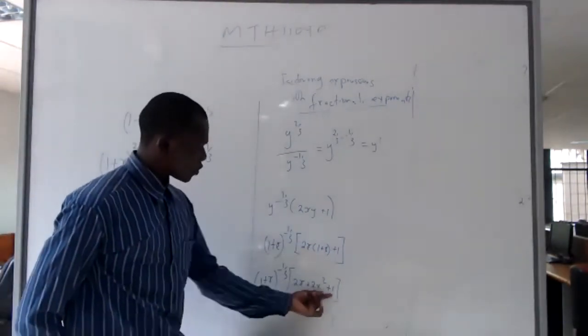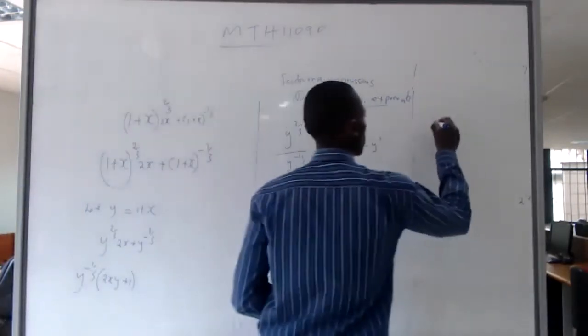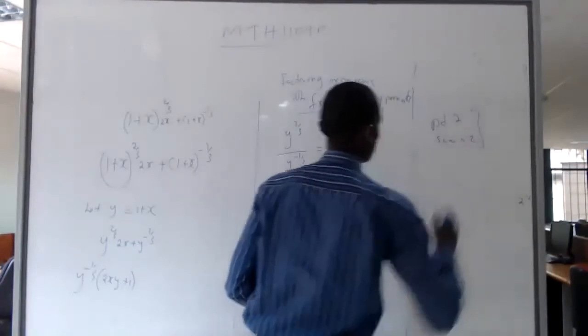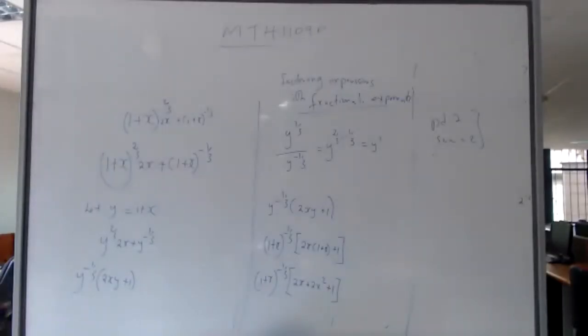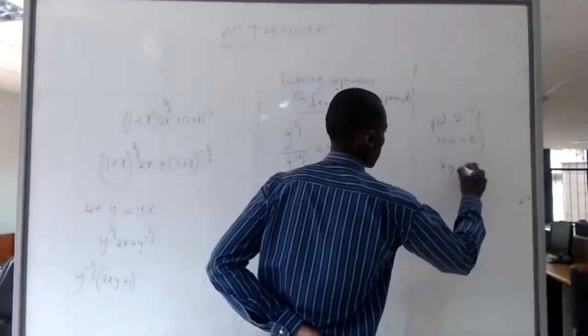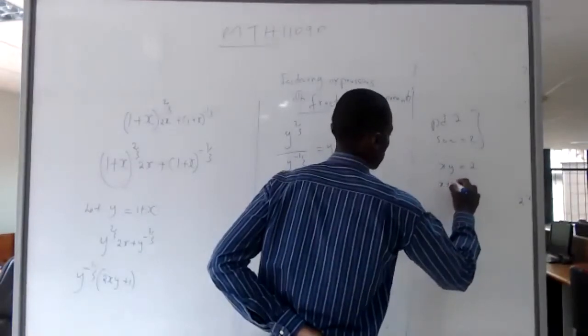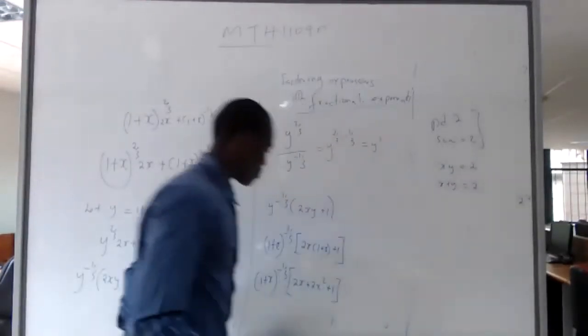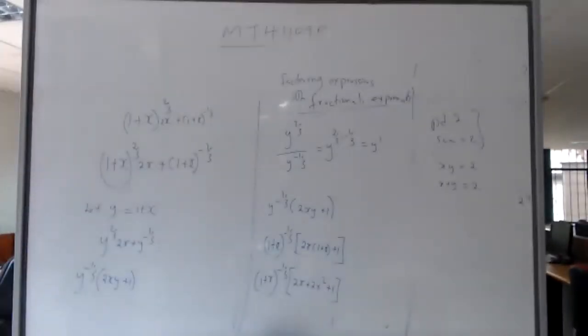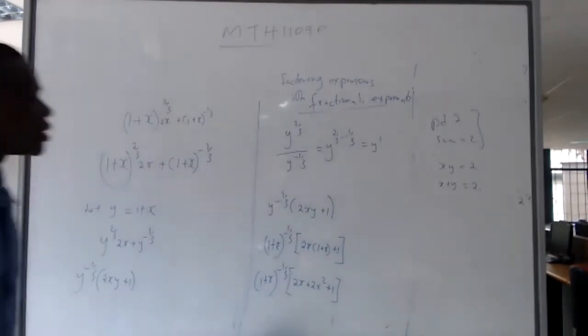Because if you look for two numbers whose product is 2 and sum is 2, I don't know of any two numbers whose product is 2 and sum is 2 at the same time. This is like solving the problem xy is 2, x plus y is 2. This will not give you any rational numbers, so just leave your answer at this stage.